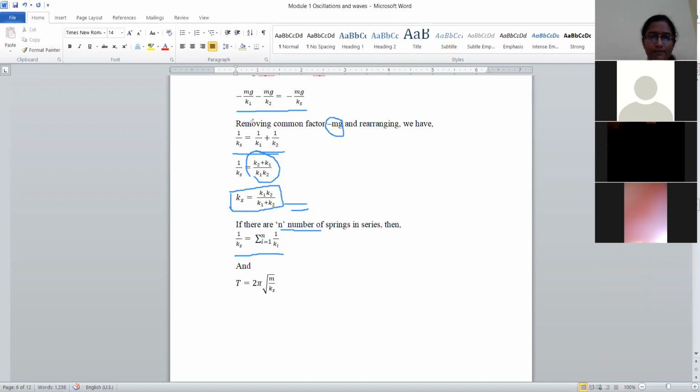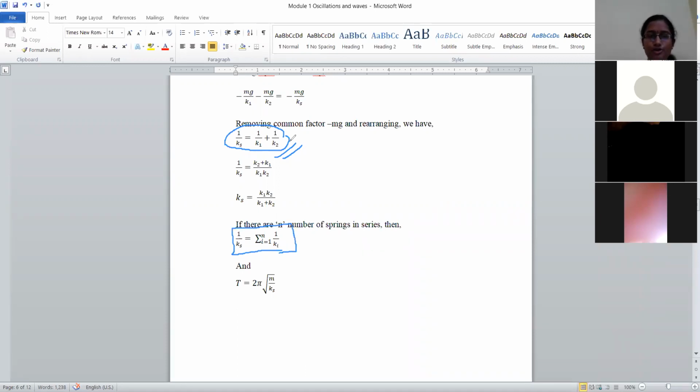Here in this equation it is 1 by Ks is equal to 1 by K1 plus 1 by K2, because we have only two springs. So if n number of springs are connected in series, then 1 by Ks is equal to summation i equals 1 to n of 1 divided by Ki.